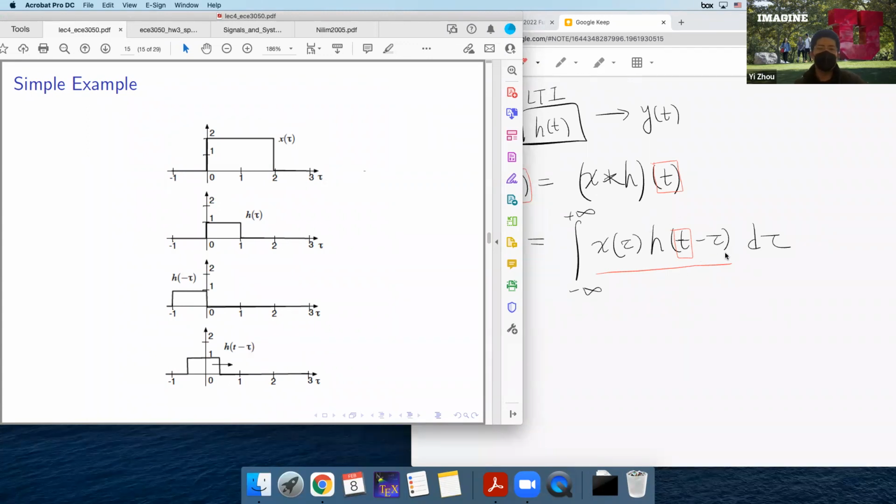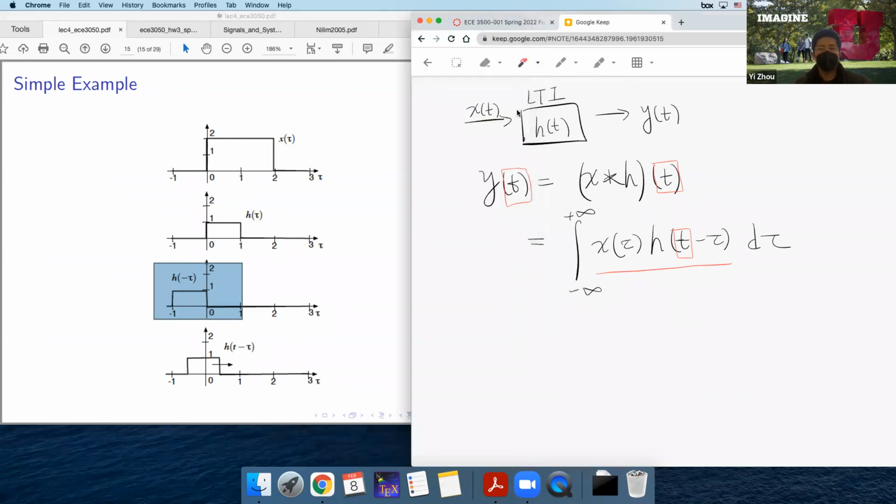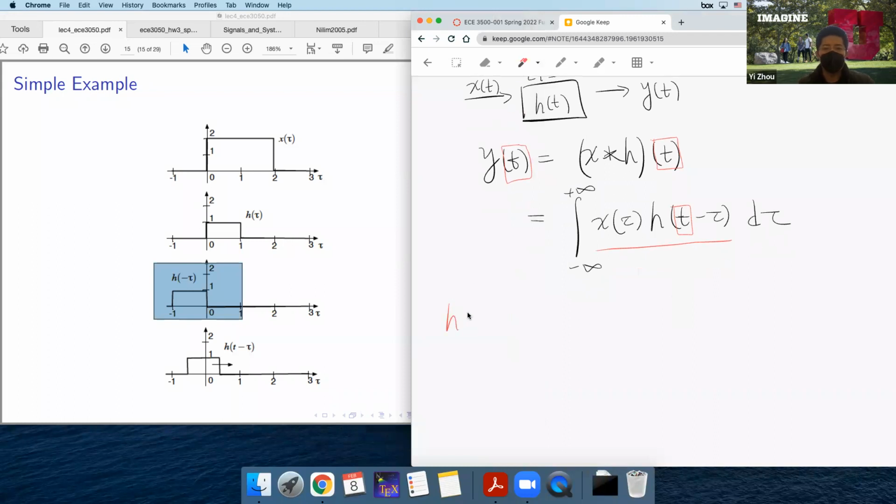To generate this signal, we can utilize the basic signal operations. We first do a time reversal from this h(tau), which generates this h(negative tau).